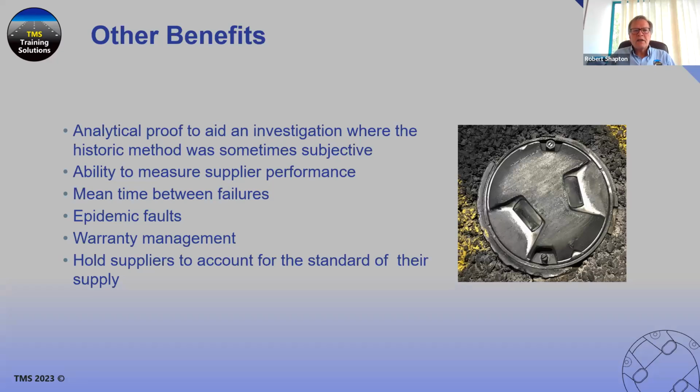These data-driven systems collecting the measurements of the inspections and the maintenance work that you do will allow you to identify those epidemic faults far faster, not subjectively, and actually present them in a coherent way, again, to work with suppliers. Nobody does these things deliberately, but when they do happen, they're a big issue and they need to be rectified fast.